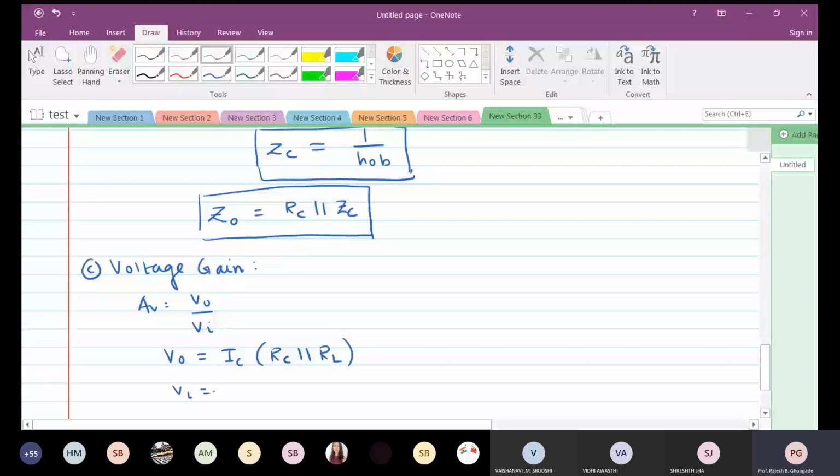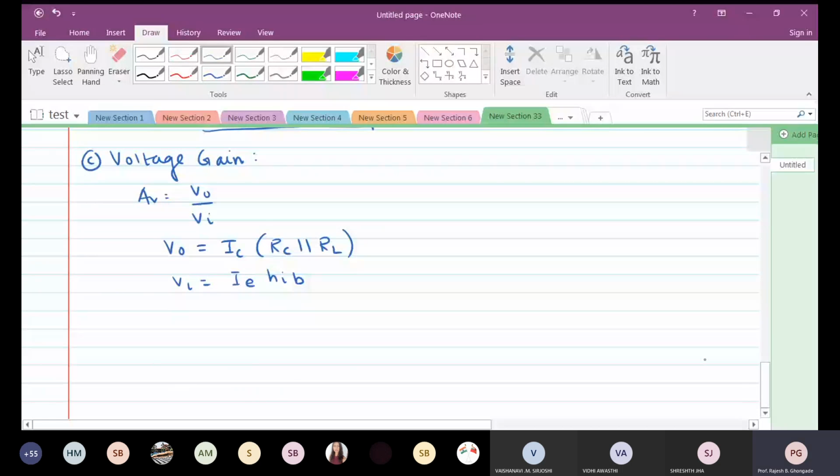It is simply IE into HIB. You're getting this? So the ratio that I get for voltage gain is IC into RC parallel RL, divided by IE into HIB.